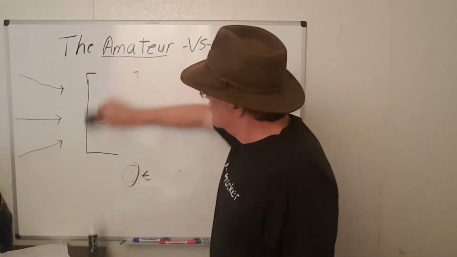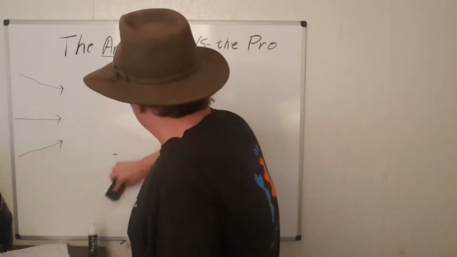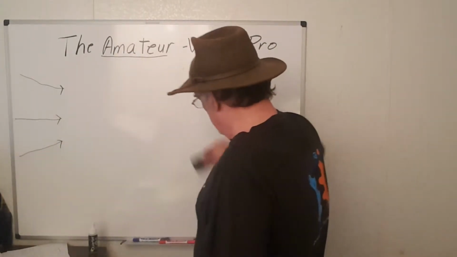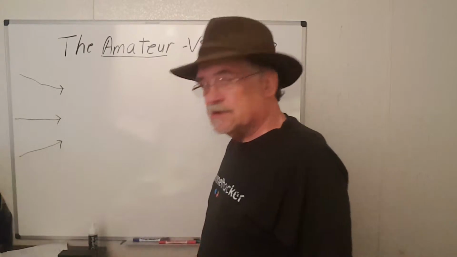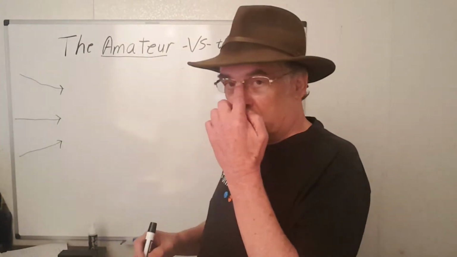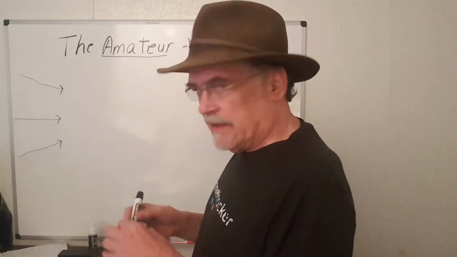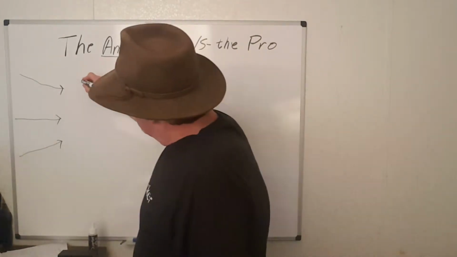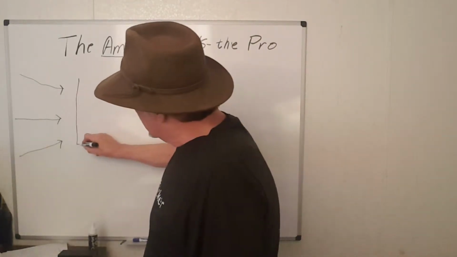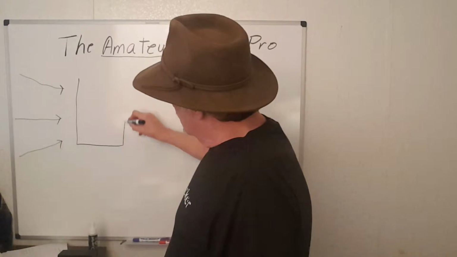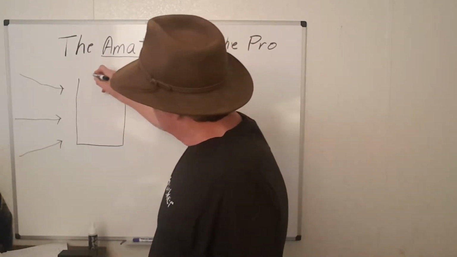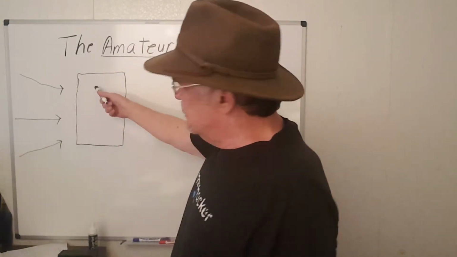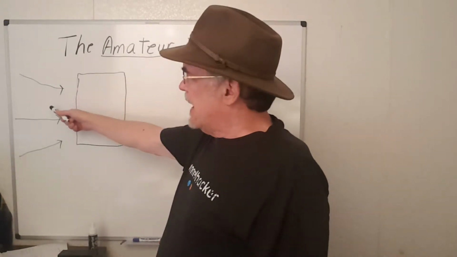So the way the pro does it, this is only part of the picture, because there's more to it, and we'll talk about that in later episodes. But what we're going to do here, we've got to capture all those people that are going to land here from the traffic.